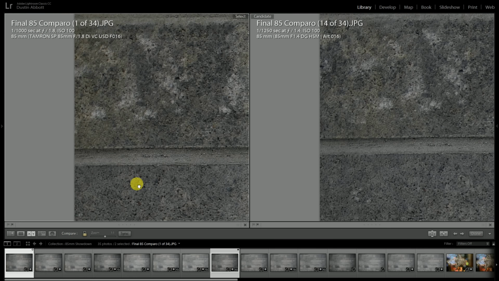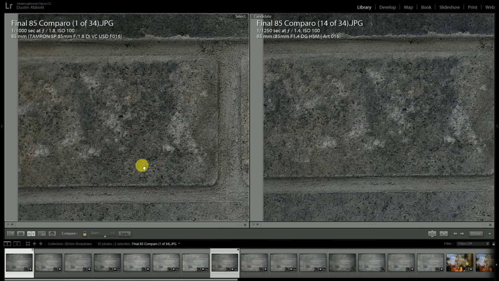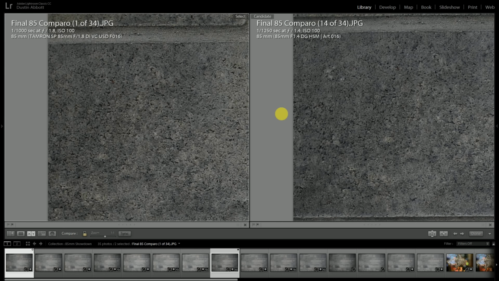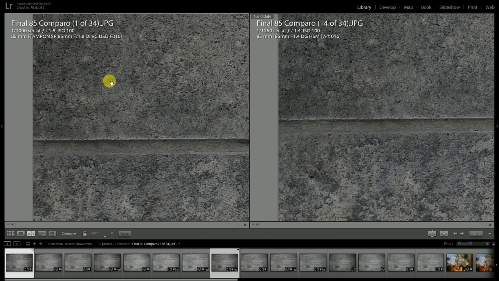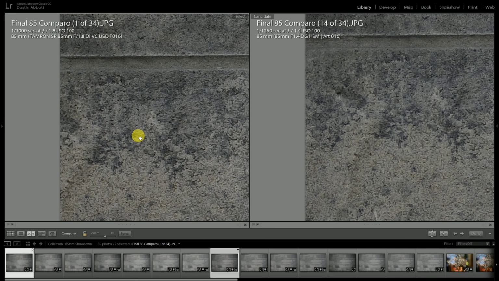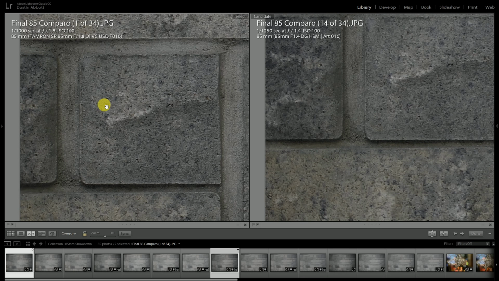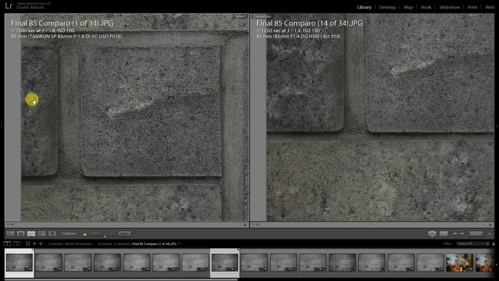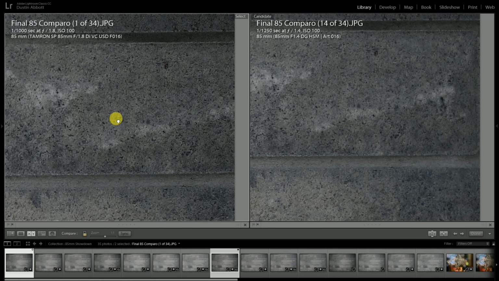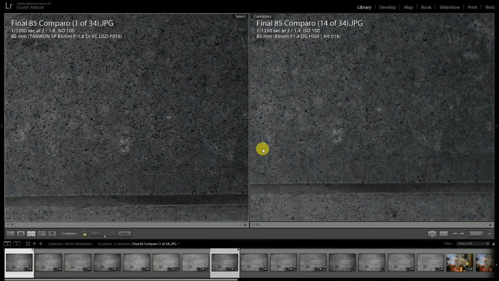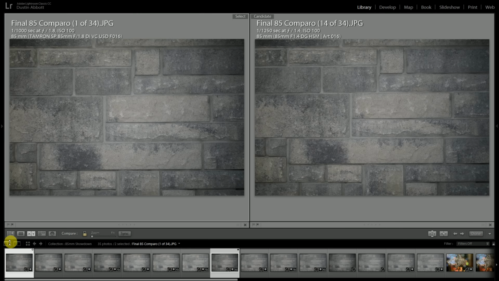If we move off towards the edge of the frame, in this comparison I would say that the Sigma still looks a hair better, and of course that's at f1.4 versus f1.8. Again, it's a matter of where you look, and in this area the Tamron's a little bit stronger than the Sigma. Looking at the right side, the Tamron is stronger than the Sigma.